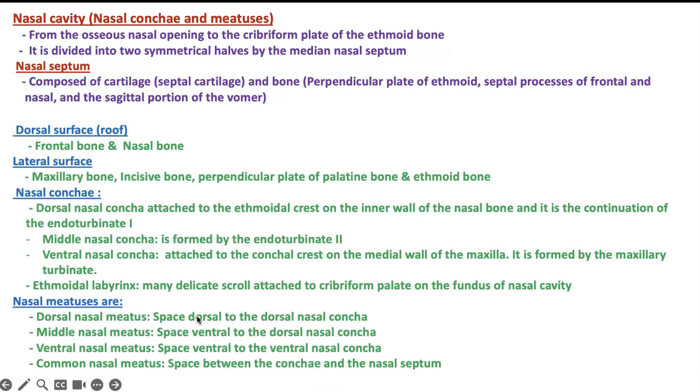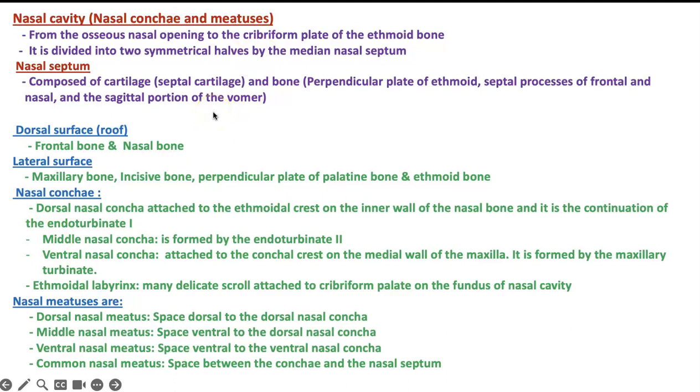Nasal cavity, as you know, we have the nasal concha. You can see nasal conchae or nasal concha, it is not a problem. And the nasal meatus. The nasal septum divides the nasal cavity into two halves, formed by the frontal bone and maxillary bone laterally.